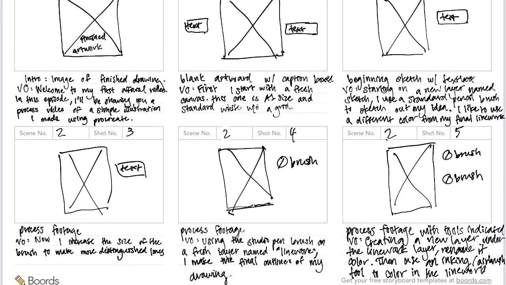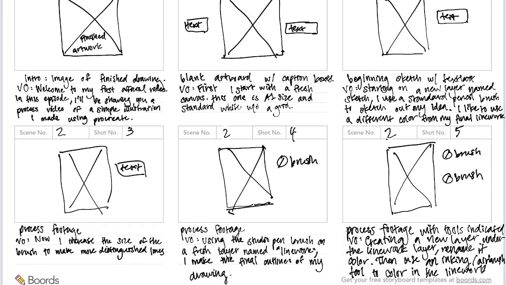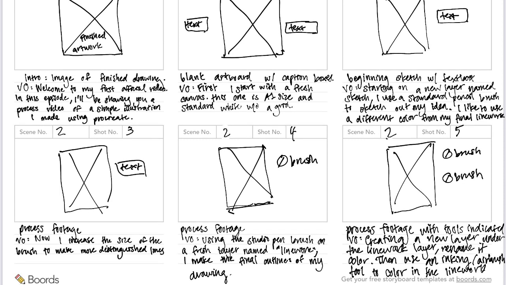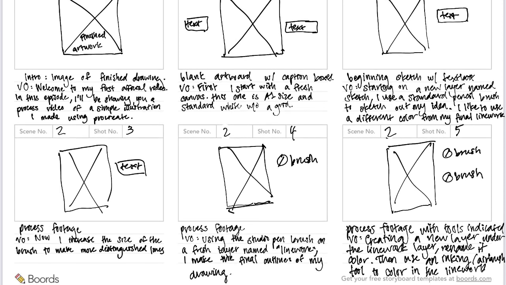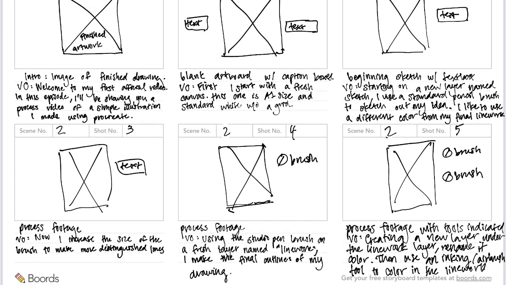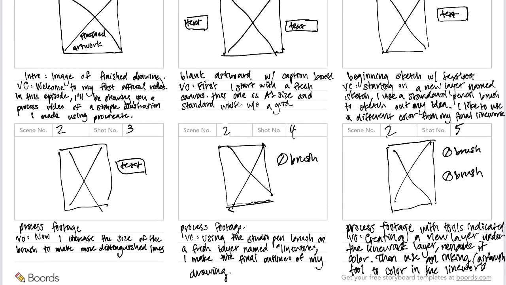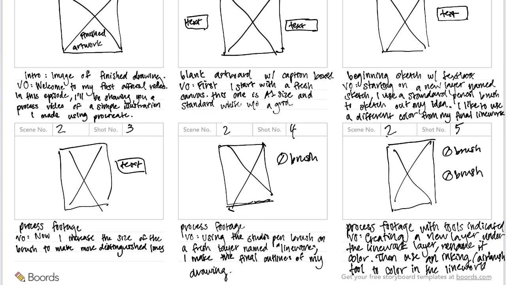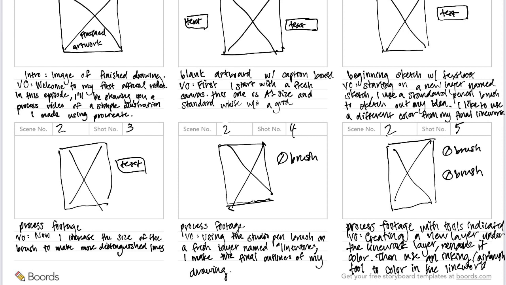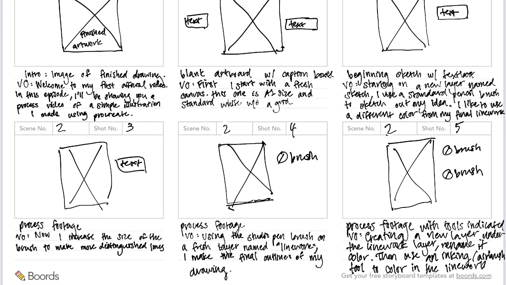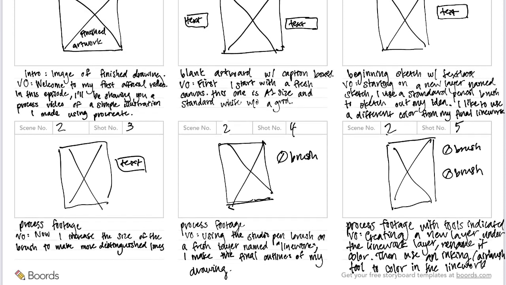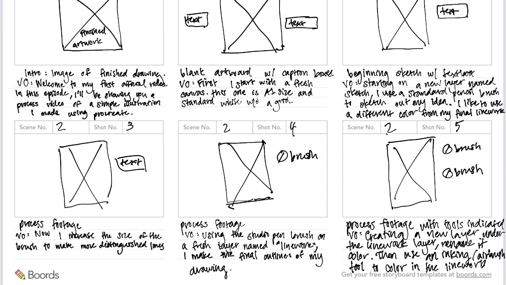For scene 2, shot 3, it's more process footage, sped up, of course, with the text box and the voiceover saying, "Now that I increased the size of the brush, I can make more distinguished lines," basically just showing them how to ink in stuff digitally.